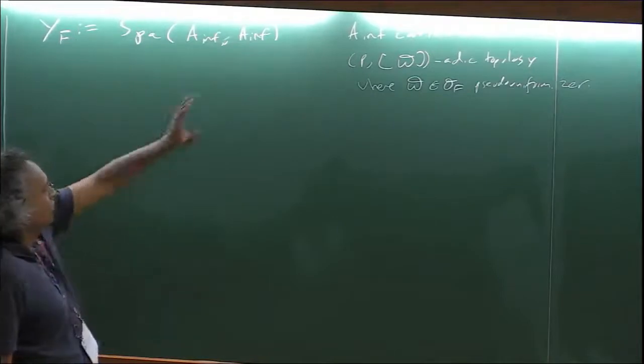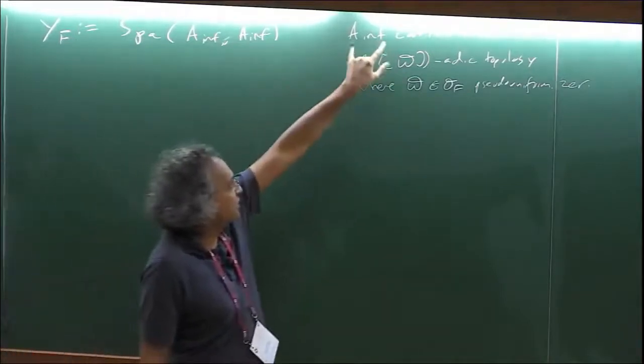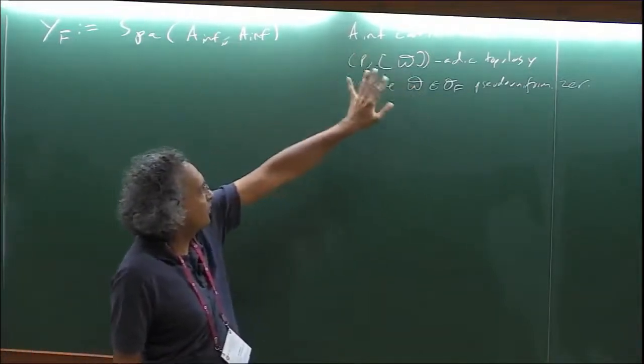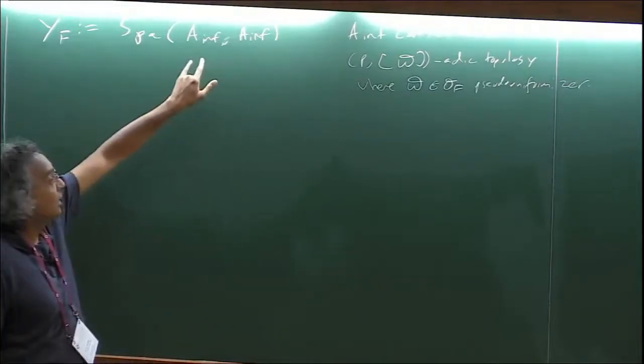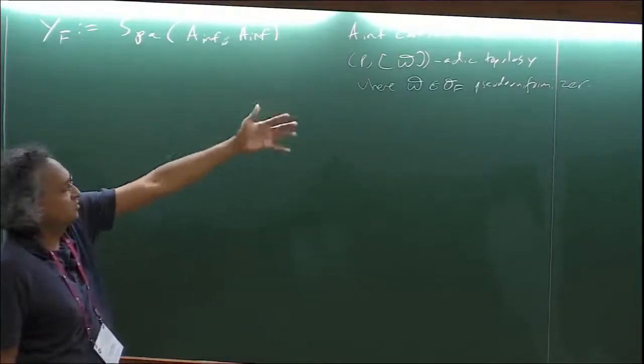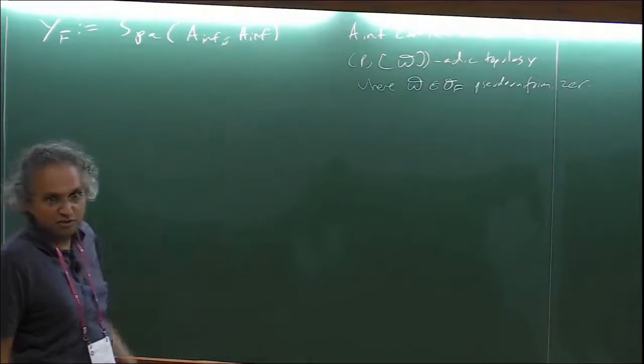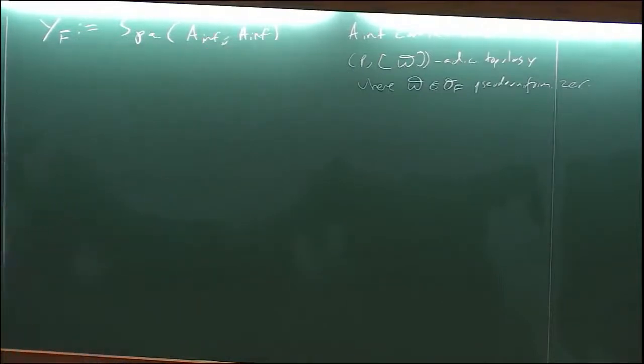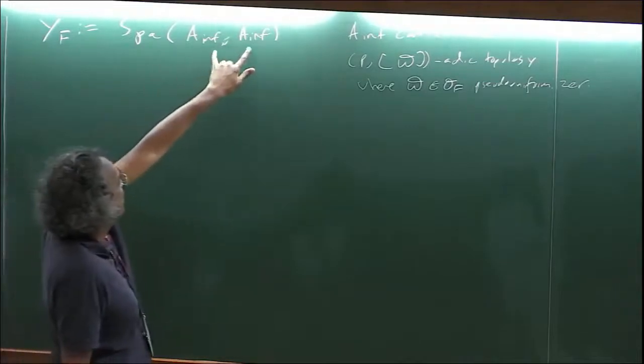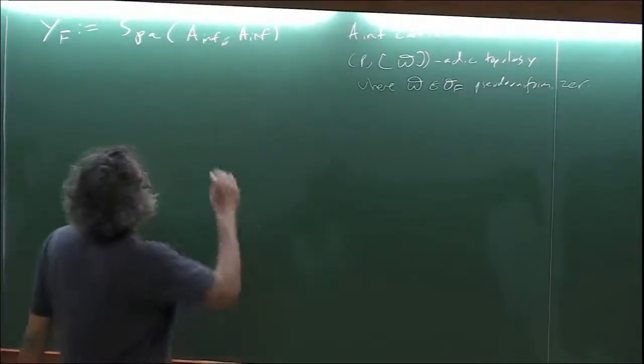Okay, so A-inf is complete for this. So A-inf is a Huber ring for this topology. It's not Tate, because the only units are things of trivial valuation. So this is not an analytic adic space.